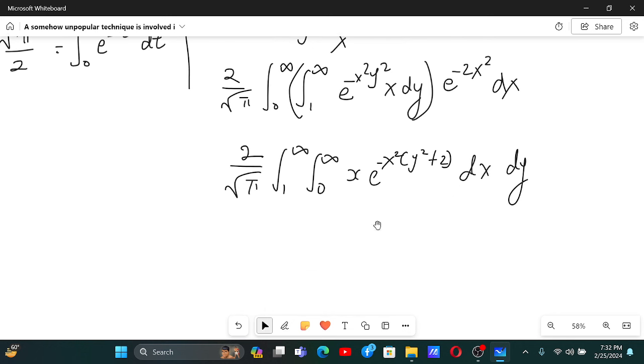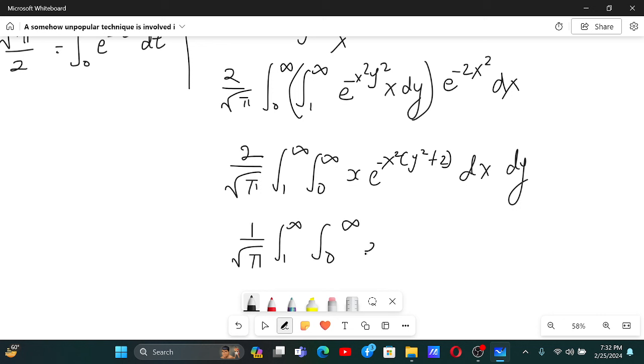Now to simplify this integral, we can make it 1 by root pi and take the 2 inside, and so we can have e to the power minus x square times y square plus 2, times 2x dx and then dy. I'm doing this because if we let m as x square, 2x dx will just be dm.